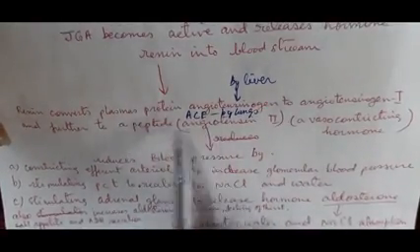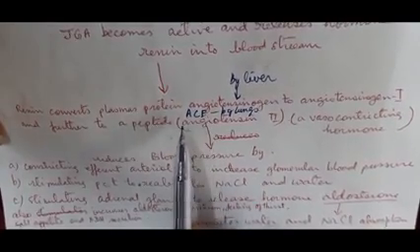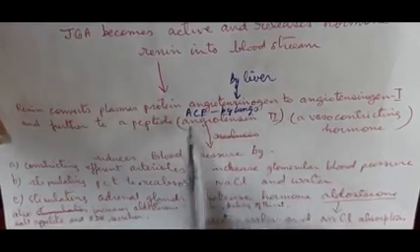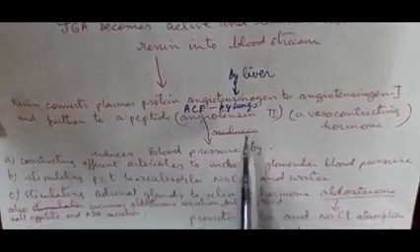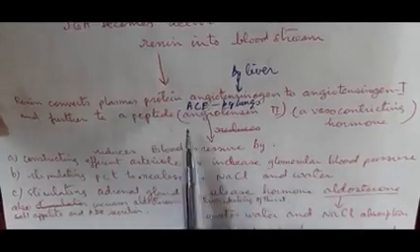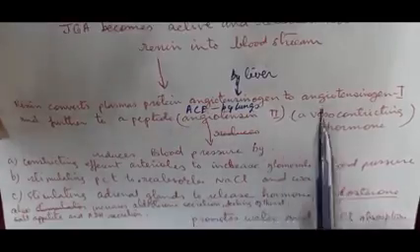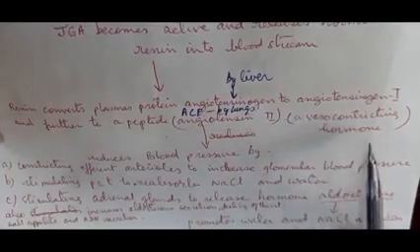ACE means angiotensin converting enzyme. So these conversions of angiotensinogen to angiotensin 1 and to angiotensin 2 take place in the presence of enzyme ACE, which is produced by lungs, and this is a vasoconstricting hormone.